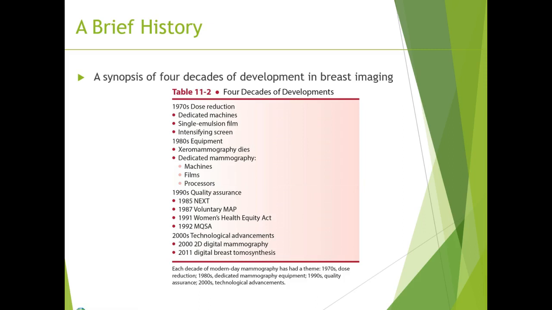So in 1985, the Nationwide Evaluation of X-ray Trends, NEXT, evaluated dose and image quality at 230 facilities in the United States, and they found that only 64% of facilities had acceptable processing conditions.